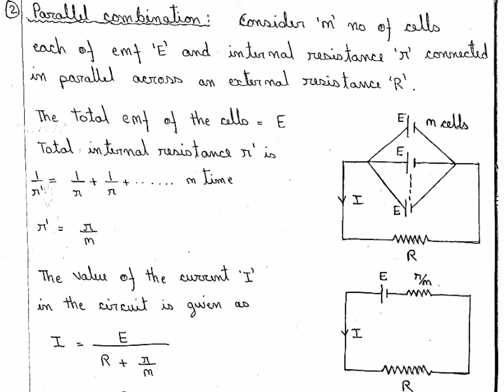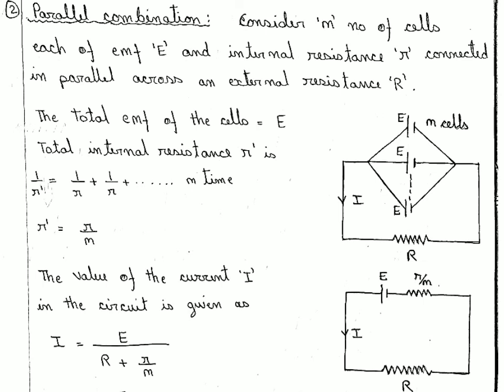Now the equivalent circuit for this parallel combination is shown in the figure below. Here we have the EMF of the cell to be E, and I is the current flowing in this closed circuit.